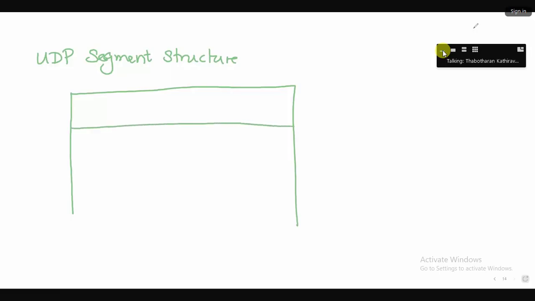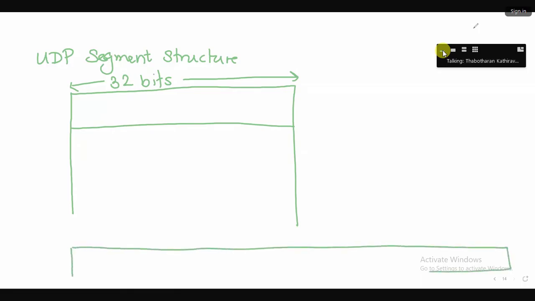For convenience, I will use a 32-bit length box to indicate the segment structure, even for UDP and TCP. And when we go to the network layer and look at the IP protocol, I will use the same structure. Typically it will not be like this; it will be a very lengthy series of bits. But drawing it like this and partitioning it is difficult, so I will draw it the other way.